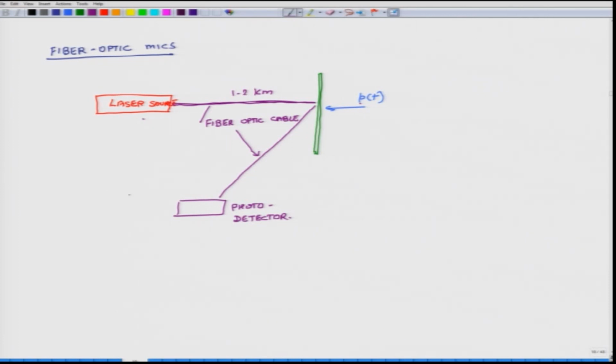And so, pressure is measured in terms of intensity of the light. Couple of things, you can measure sound at very large distances. The second thing is that very sensitive measurements can be done.